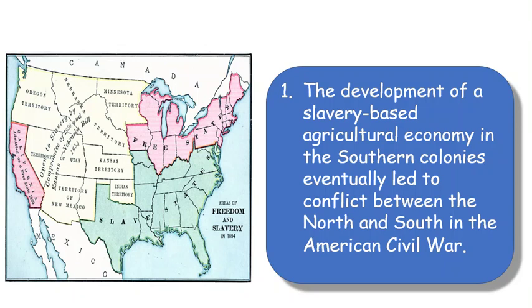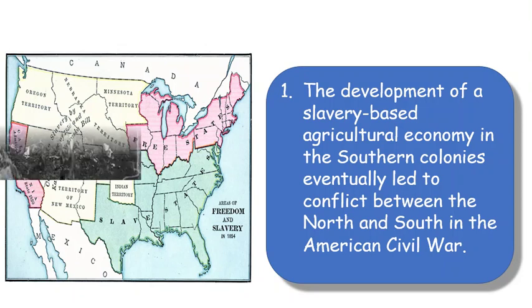It led to a deepening divide between the northern states that became less dependent on slave labor and the southern states who became more. And that divide eventually led to conflict between the North and the South. Okay, on our map here, the pinkish reddish states and the light green states, the free states and the slave states, it led to the American Civil War.